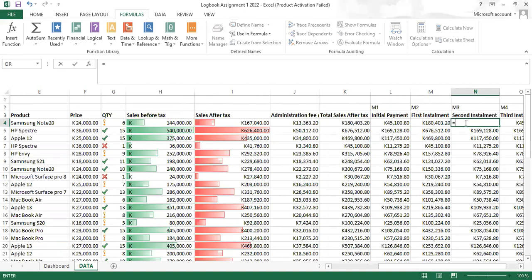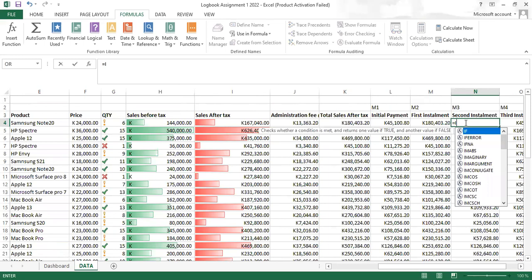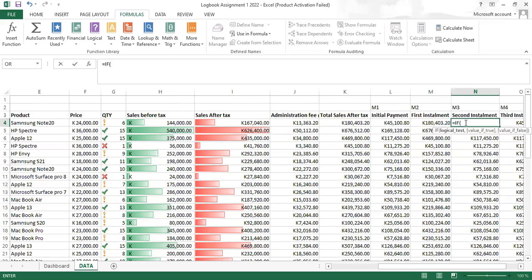Okay, equal sign, IF, tab. If we click on the second installment, this is the second installment, we go and lock this.